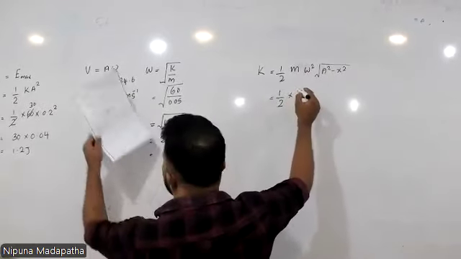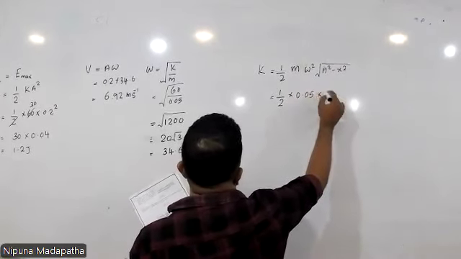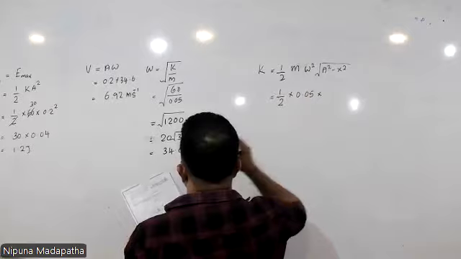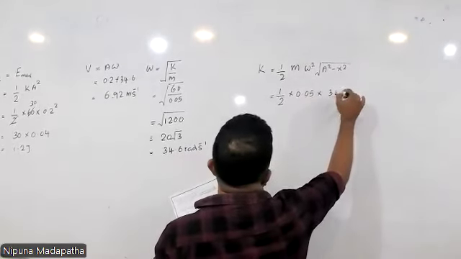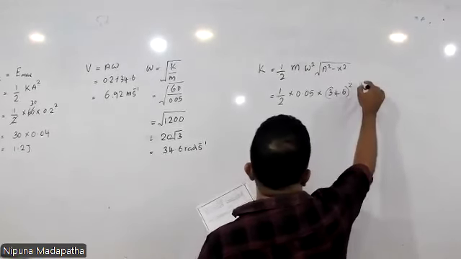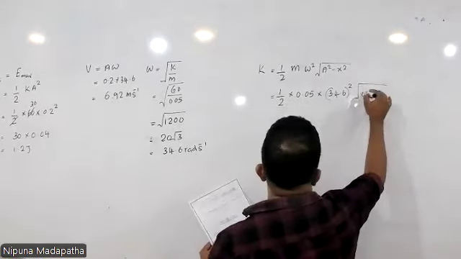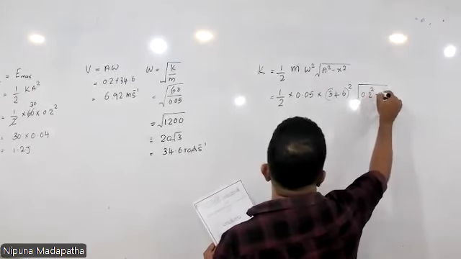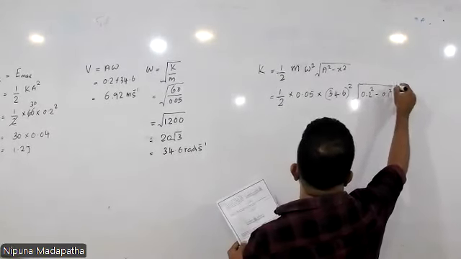Half m is 0.05, omega is 34.6 squared, A is 0.2 squared, x is 0.1 squared.